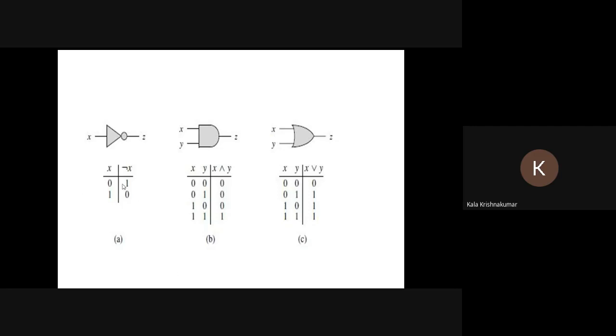You can assign 0 or 1 to all of these inputs, then evaluate the circuit and check whether the output is equal to 1 or 0. If it is equal to 1, then it is satisfied. Otherwise, it is not satisfiable.